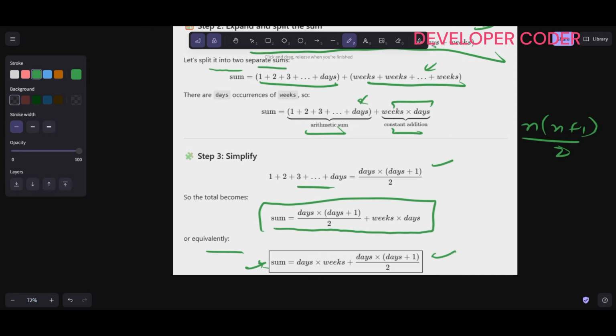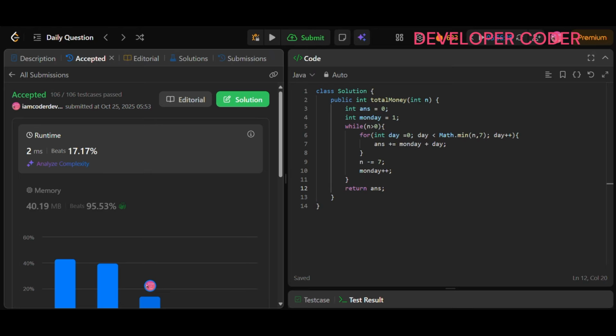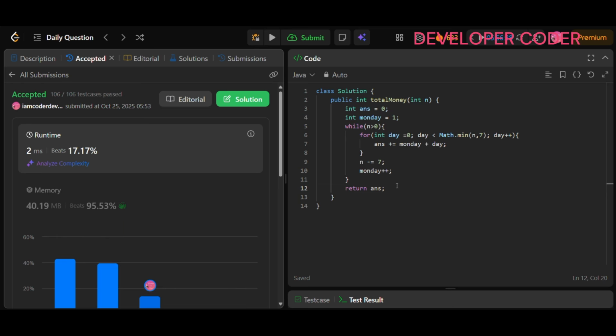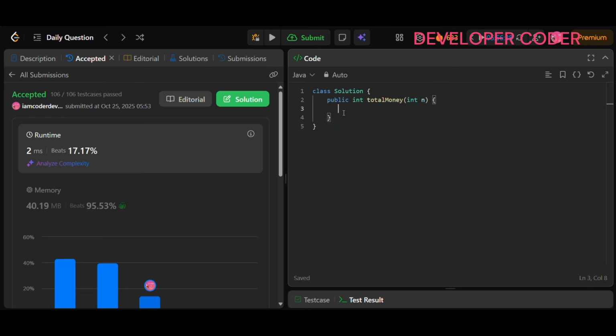That's it. We just apply this formula, and we are able to solve the problem in one time complexity. Now let's write the code. Here let me remove this. First I'm going to calculate weeks, which is the number of full weeks. After that I'm going to calculate days as n modulus 7.